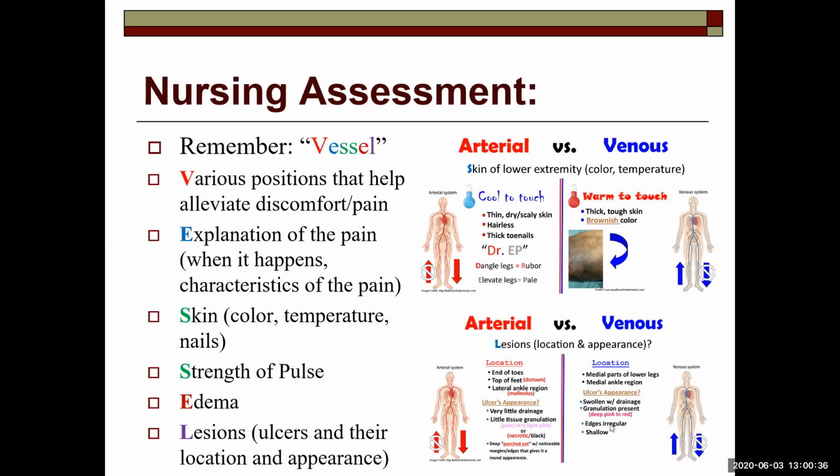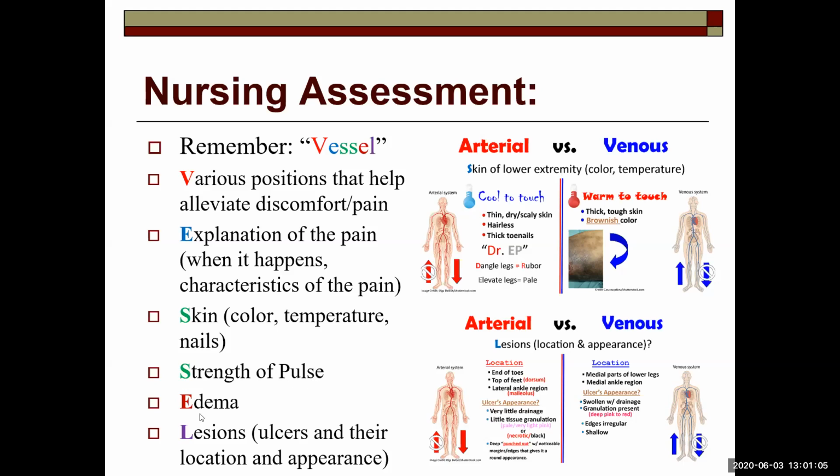That's with venous. Usually you do what we call a vessel assessment when you examine these patients. You look at various positions, bring the leg up, bring the leg down, explanation of the pain, where is it, the skin, the color, the temperature, the nails, which can sometimes tell you which one it is. And then the pulse, of course, with the arterial, you don't have a pulse.